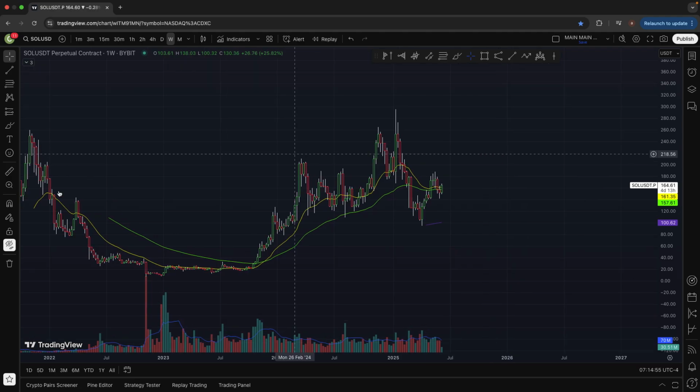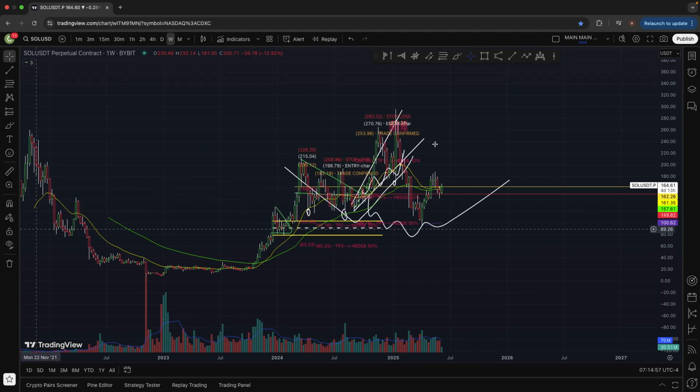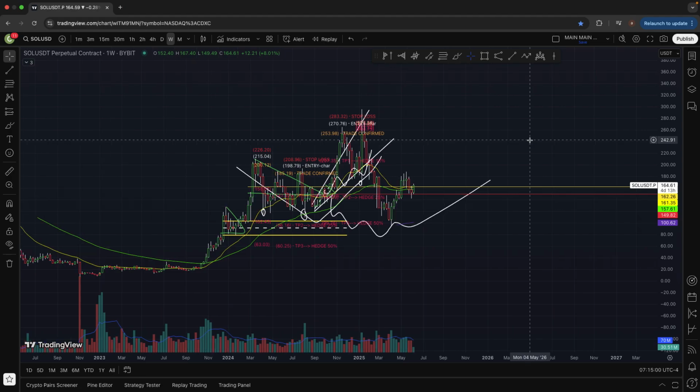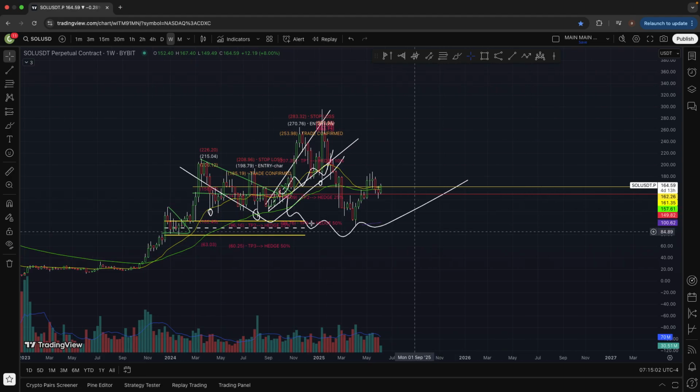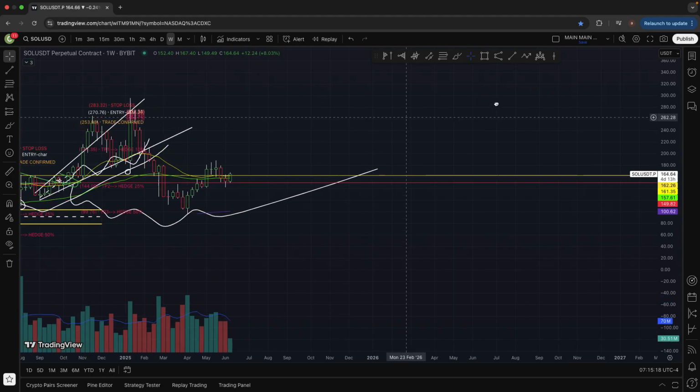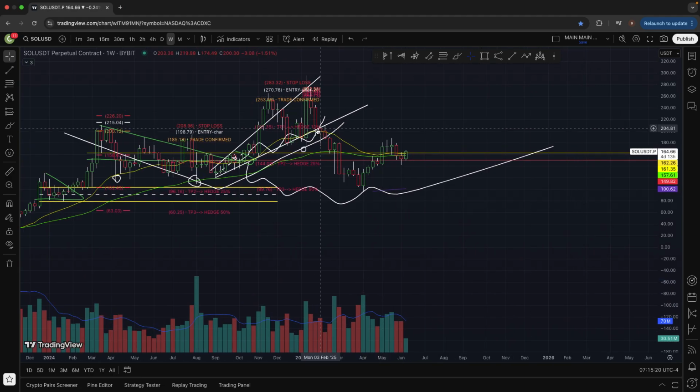So let me turn on the drawings. This is all the stuff we had last time, okay? Now, a lot of this stuff, what we were looking for was a breakdown over here to come back and sweep the liquidity. That breakdown didn't occur. It actually was a fake out, went into the expansion phase, okay? Went into an expanding wedge, and then the expanding wedge broke down, causing the downside move. See right here?